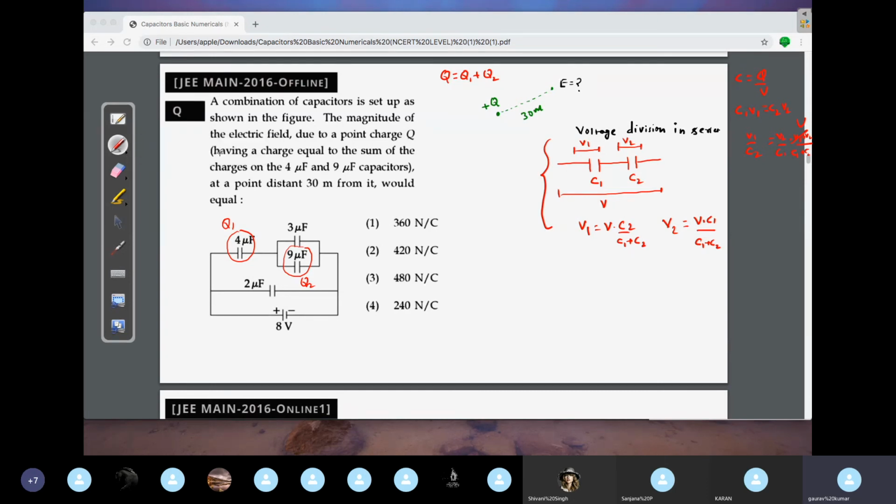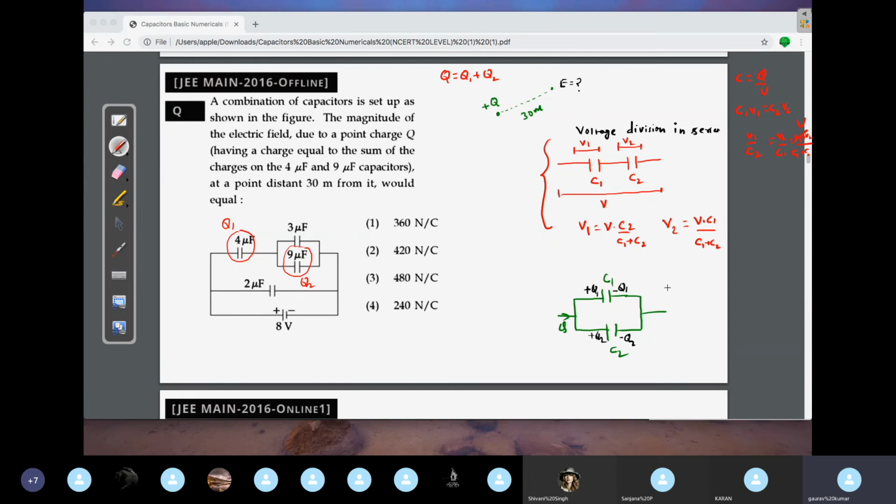Second, you should always know division of charge in parallel combination. If a charge Q is given to the circuit, let us say C1 and C2 are there, so you get some charge here. Let's say here you have plus Q1 and here minus Q1, then here you have plus Q2 and here minus Q2.